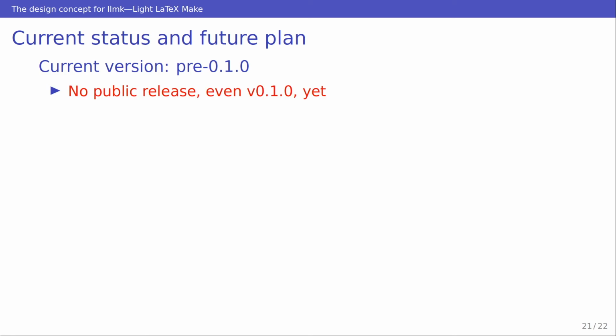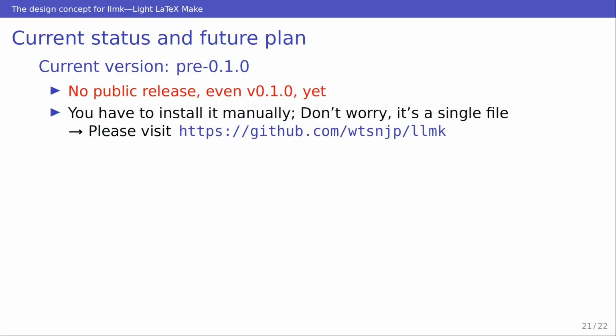Lastly, I'm going to talk about the current status and future plan of llmk. The current version of llmk is before version 0.1. Unfortunately, no public release has been made. Similarly, you have to install it manually. But don't worry, it's a single file, so it should be really easy to install.